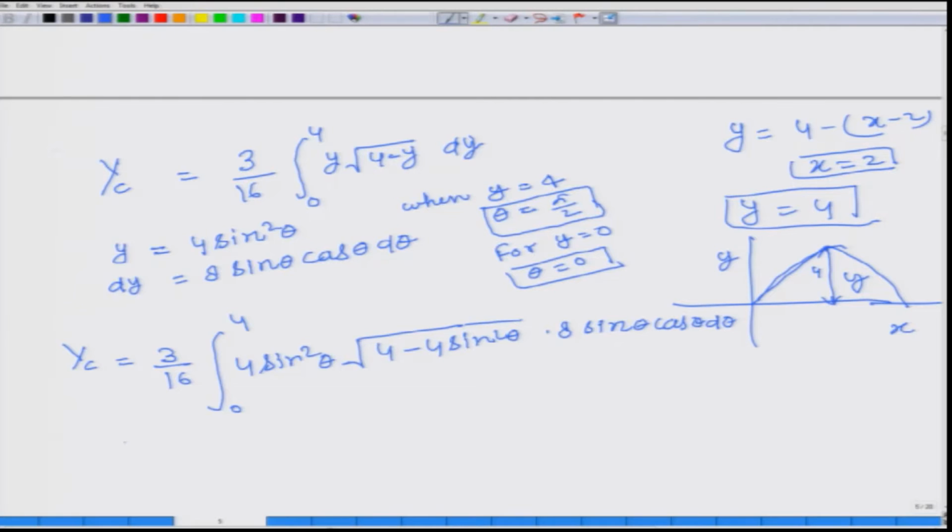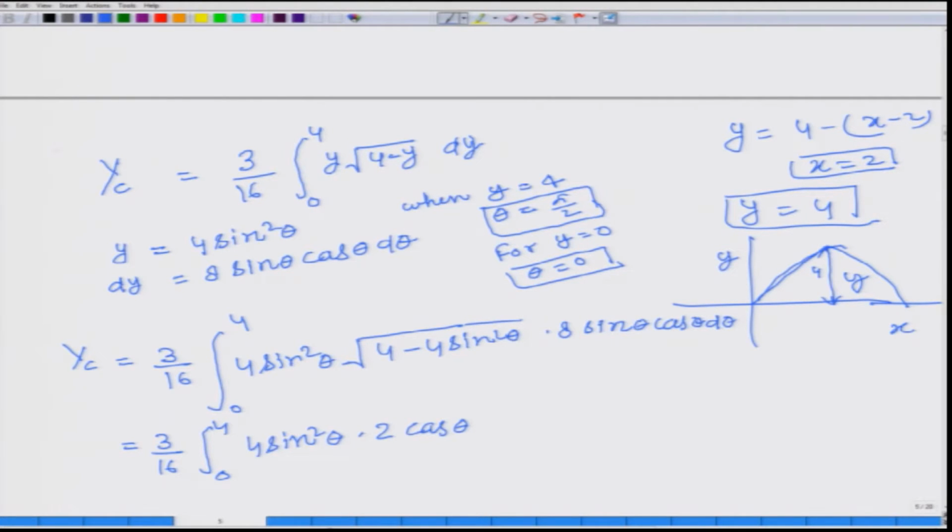So, this is equal to 3/16 integration 0 to 4 sin square theta, right. 4 minus 4 sin square theta will give 2 cos theta, right.